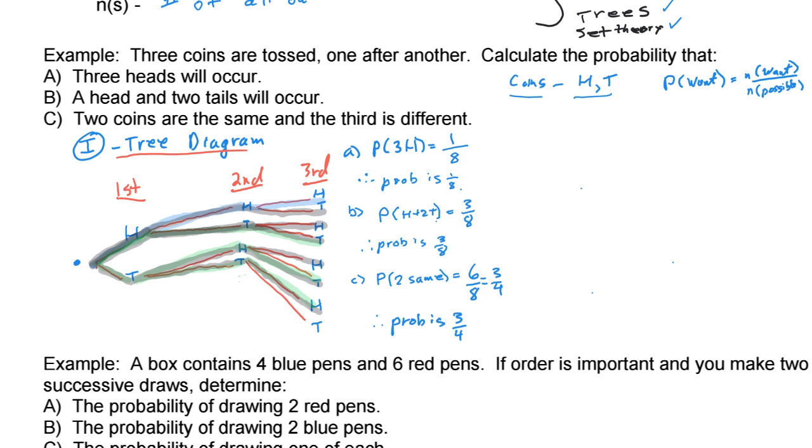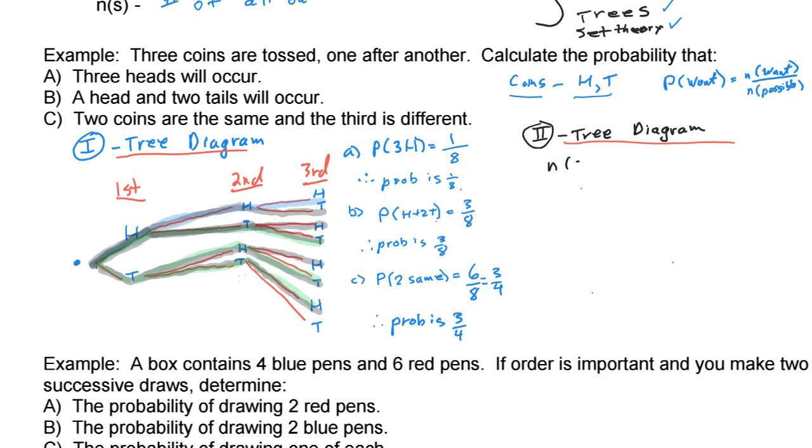Now, we can do this problem again, but this time using the placeholder method. I'm going to do this in black to isolate it from the first solution using trees. So the key idea here is to start by identifying all the possible outcomes that you have. So that is NS.